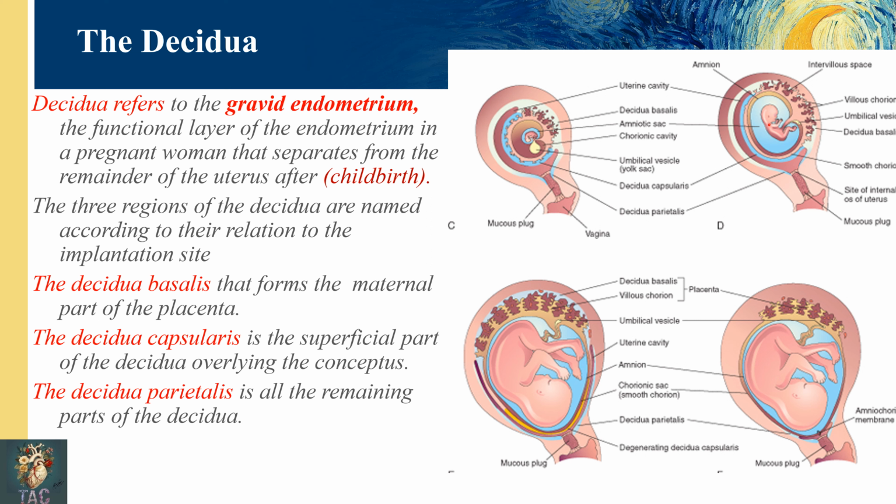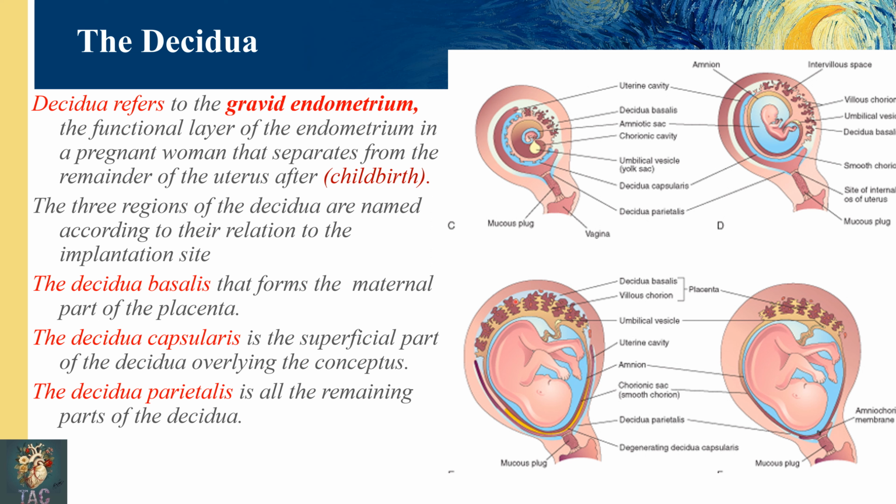So as the embryo grows and the amniotic cavity expands, the decidua capsularis and the decidua parietalis, along with the chorionic cavity, come into contact with each other and they fuse and form the fetal membranes. And at this stage, the whole of the uterine cavity is filled by the amniotic sac, which contains the amniotic fluid, and the baby is floating in this.